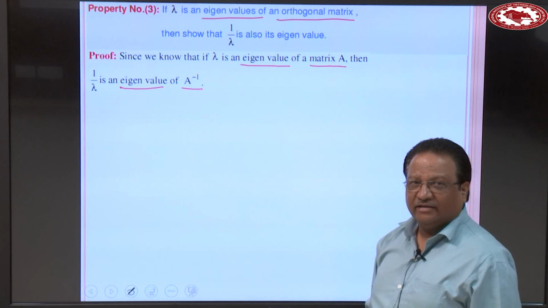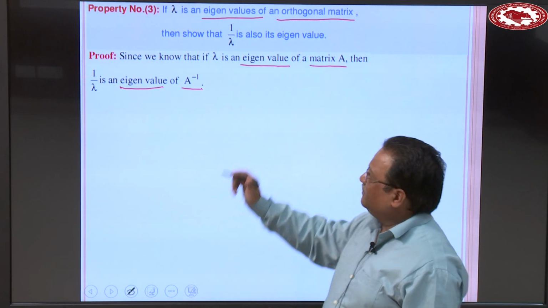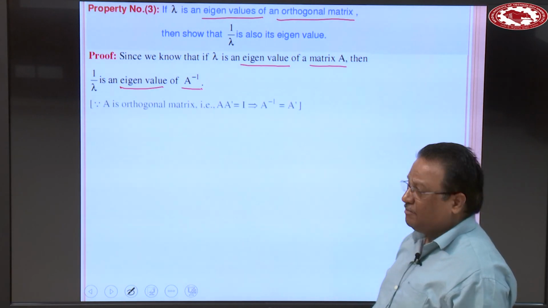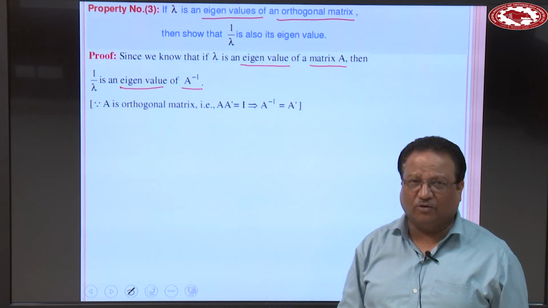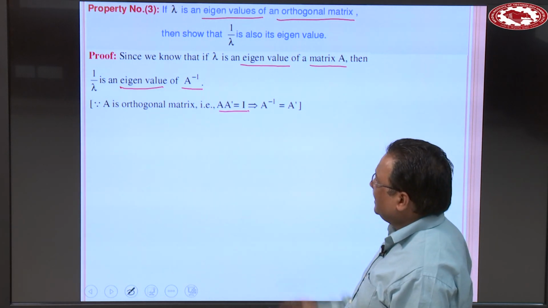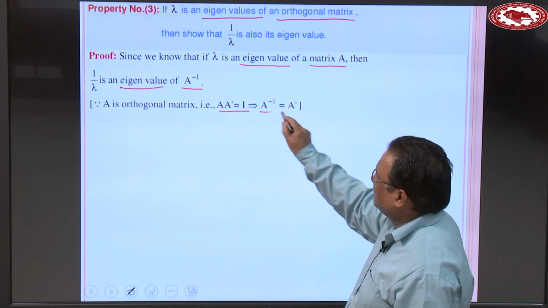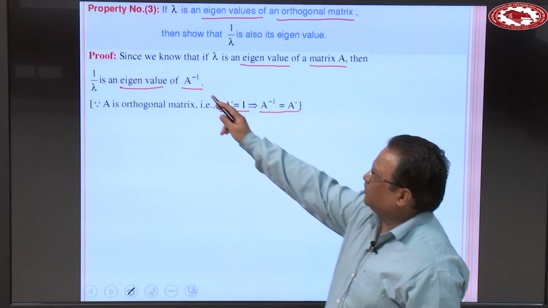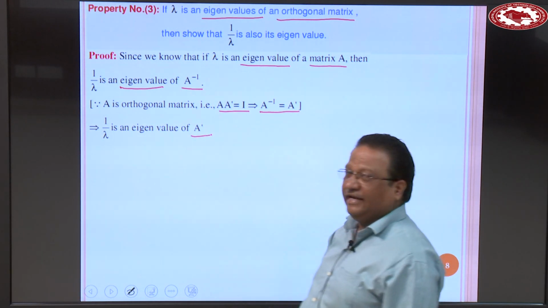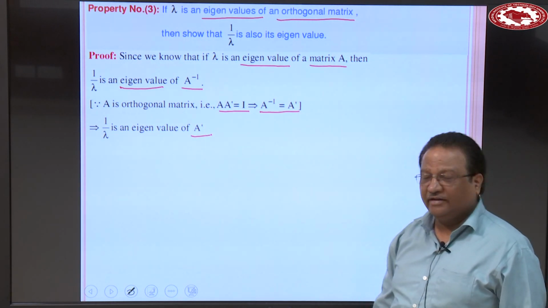We have just proved this result. But here A is given to be orthogonal. A is orthogonal means A dash A is equal to I, which means A inverse is equal to A dash. So 1 over lambda is an eigenvalue of A dash.